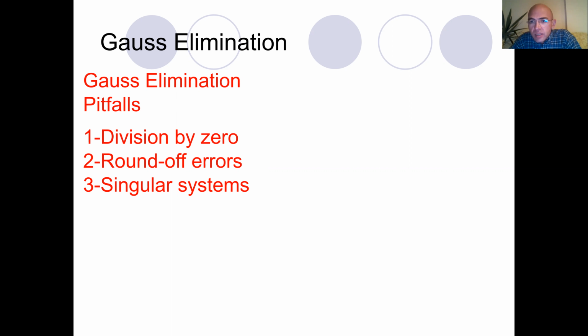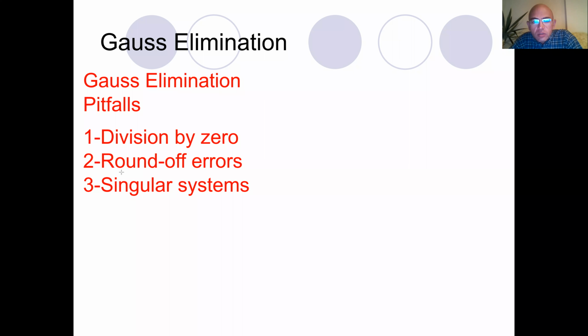This basically means that you may have an error because the method will divide the numbers by zero. Or even if it's not zero, sometimes it may be a very small value. So this may cause some other errors, and you may end up with an ill-conditioned system.